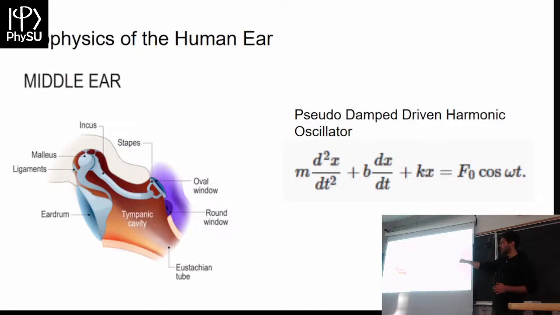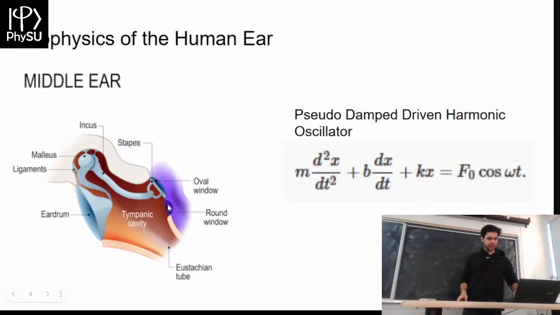We can associate the inner bone as the spring, which has its own internal constant depending on how it interacts with these things. And we can consider the damper to be all the various aspects, the muscles on the inside and the resistance of the pressurized cochlea.